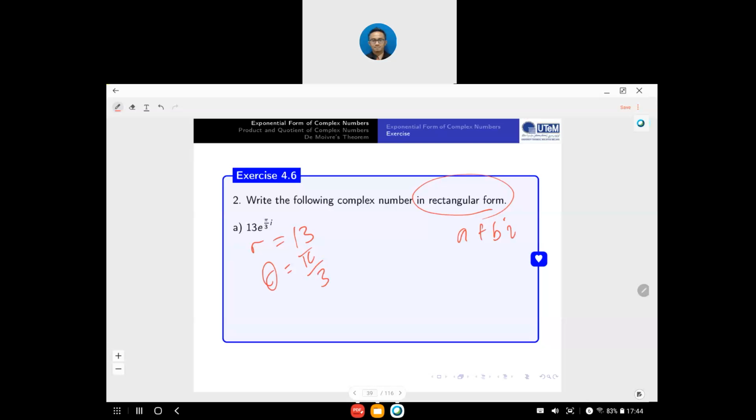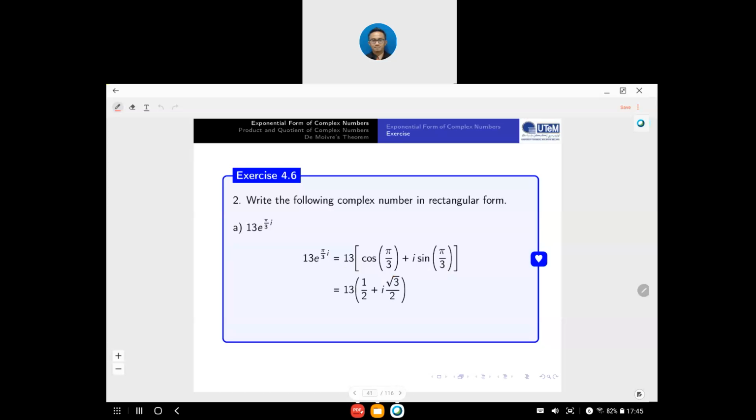So we convert using polar form, z equals r cos theta plus i sine theta. So this becomes 13 times cos pi over 3 plus i sine pi over 3. Just press your calculator and you get your final answer: 13 times 1 over 2 plus i square root 3 over 2. So you get 6.5 plus 6.5 square root 3 i. This one is just direct.